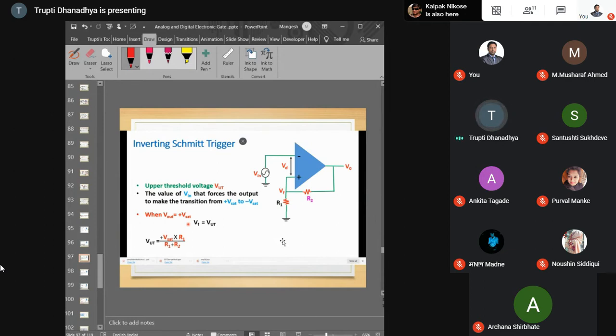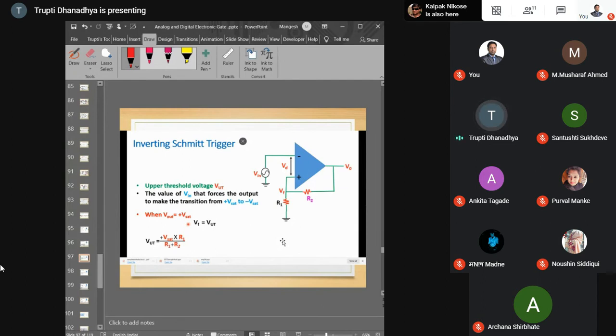When our upper threshold voltage comes in the picture, at that time the output goes from positive to negative V saturation. Or whenever we talk about the lower threshold voltage, the output varies from negative to plus V saturation. Please remember this one. This is a condition for the Schmitt trigger.